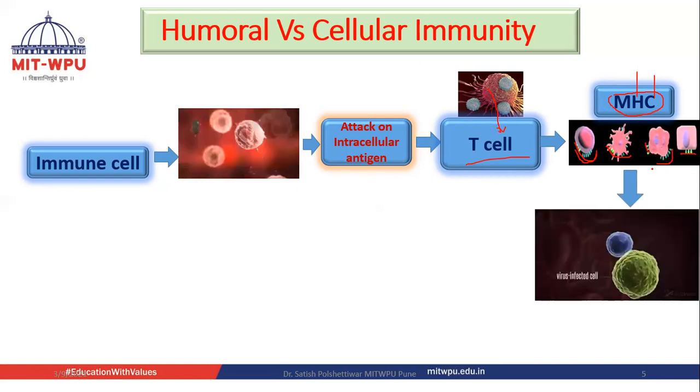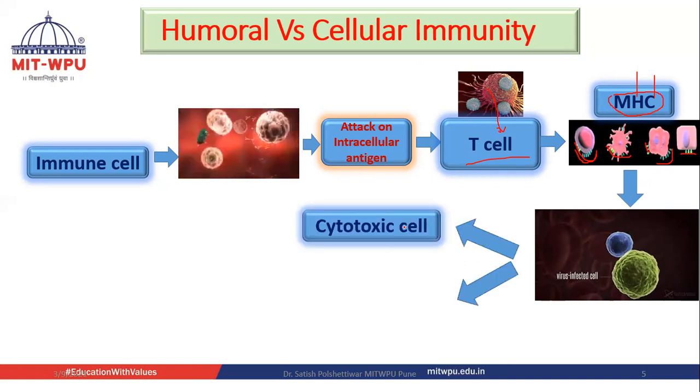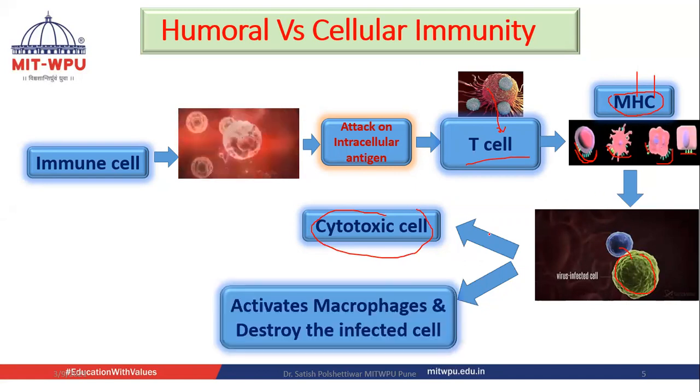These cells pass the message through cytokines to the B cells to produce more antibody, and through the macrophages, we all know, the cell becomes cytotoxic after infection with this particular virus. Now the cell becomes infected, and it presents antigen through APC. In another way, it activates the macrophages.